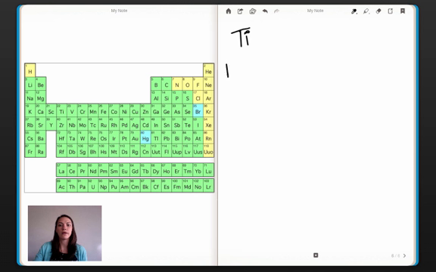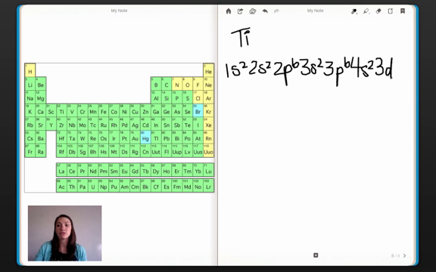We've got 1s2, 2s2, 2p6, 3s2, 3p6, 4s2, 3d, make sure you remember it's 3d, and then it's actually going to be 3d2.